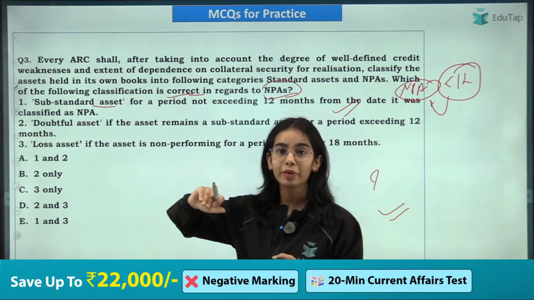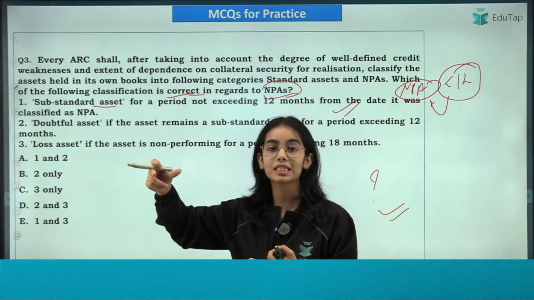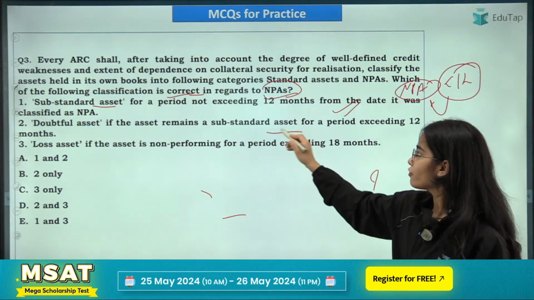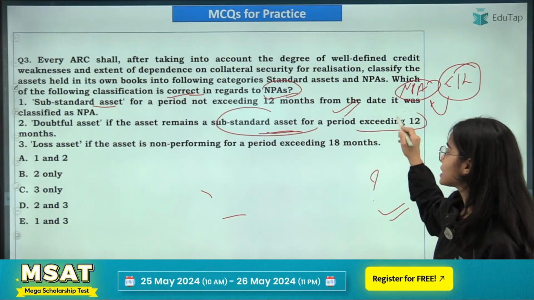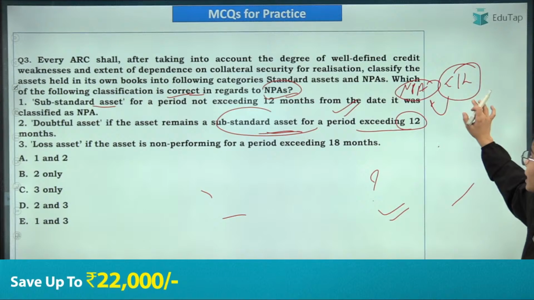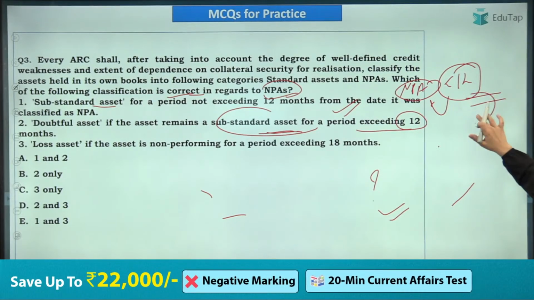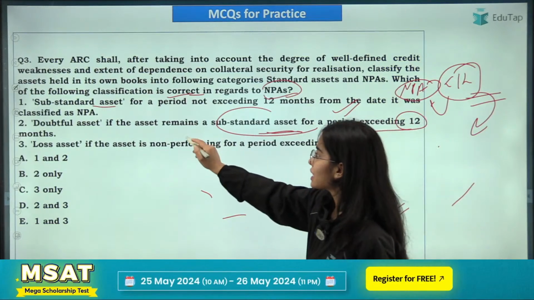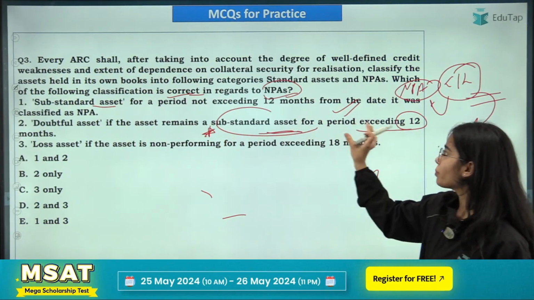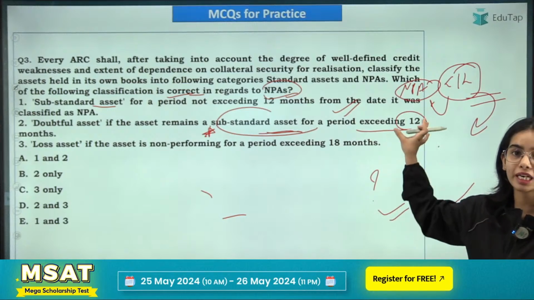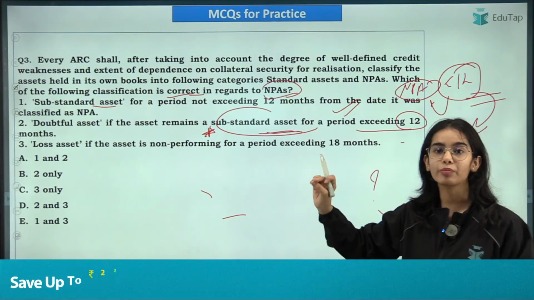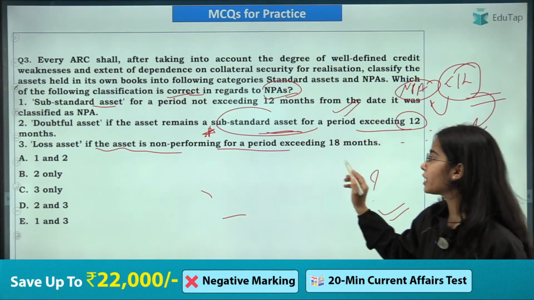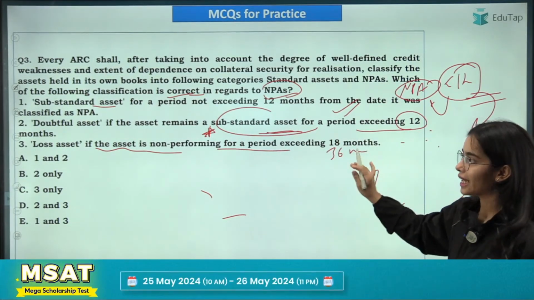If the substandard asset continues for a period exceeding 12 months, so now this NPA that was a substandard asset, because it has crossed the 12-month mark, has become a doubtful asset. Now a loss asset: if the asset is non-performing for a period exceeding 36 months, then it will be considered a loss asset.